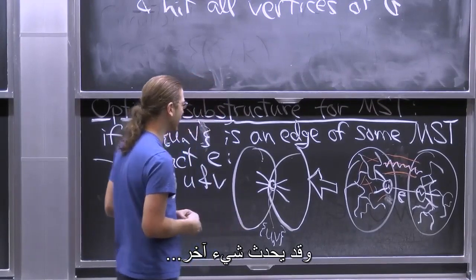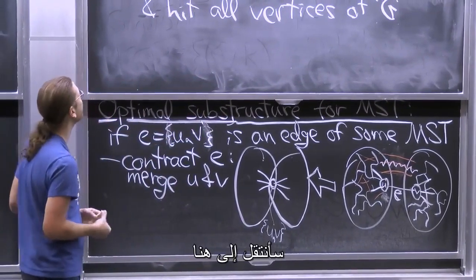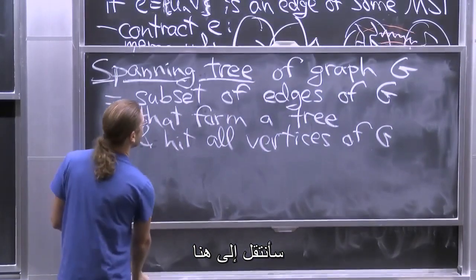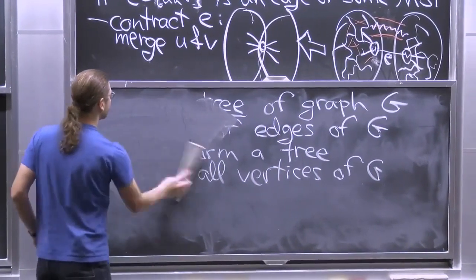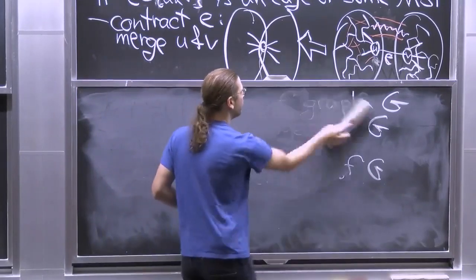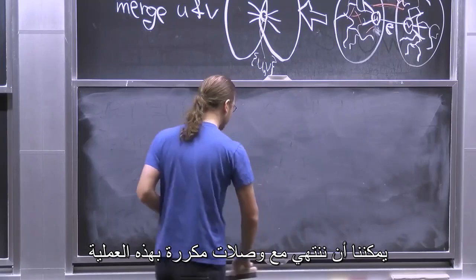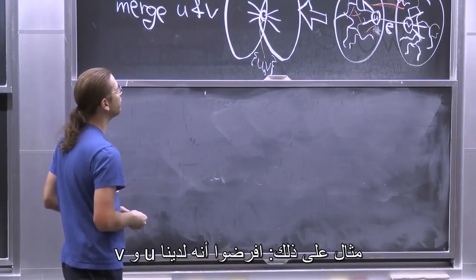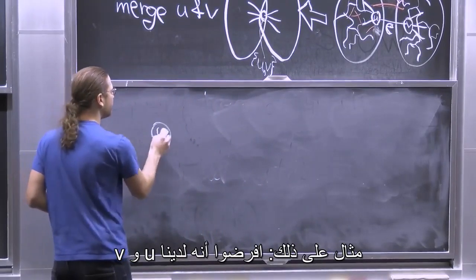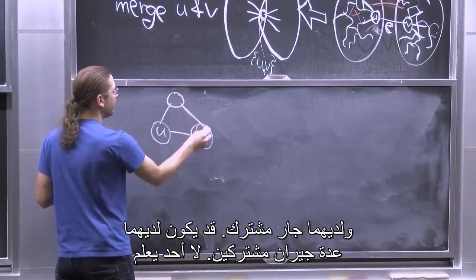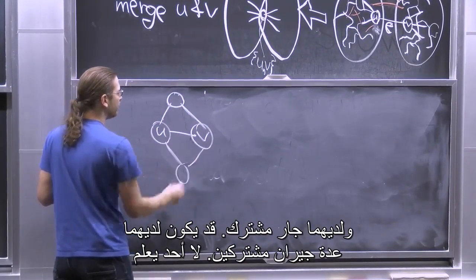And one other thing can happen. We could end up with duplicate edges by this process. So for example, suppose we have U and V, and they have a common neighbor. Might have many common neighbors. Who knows?